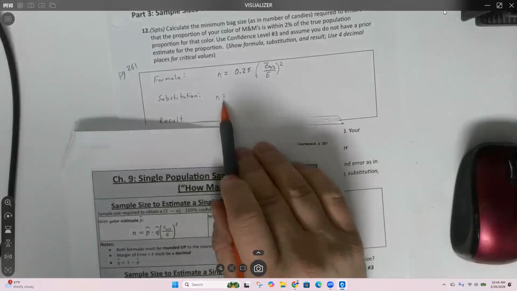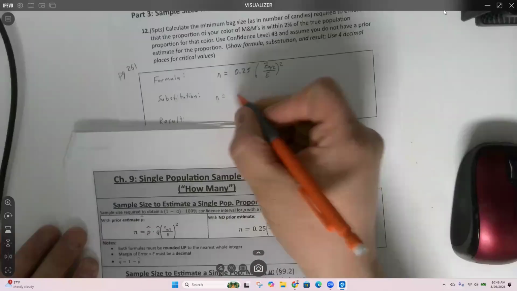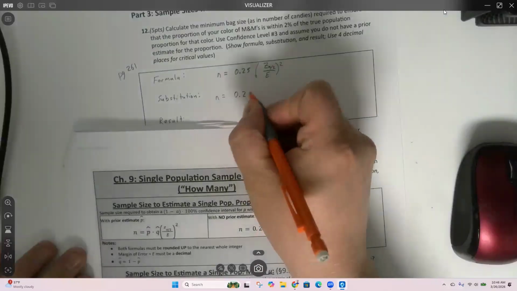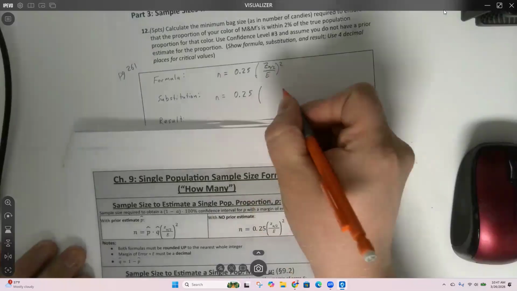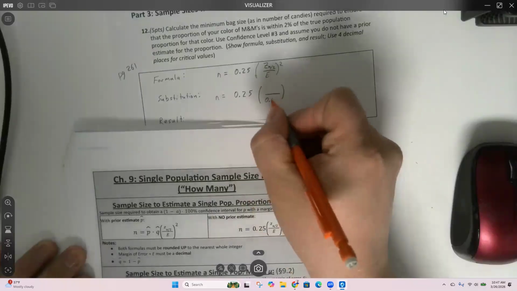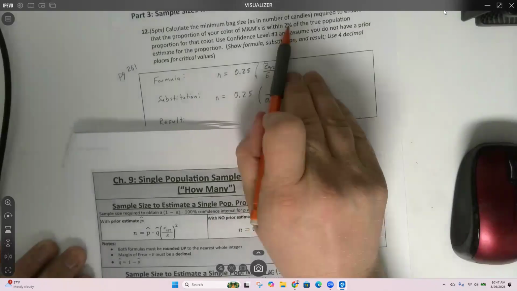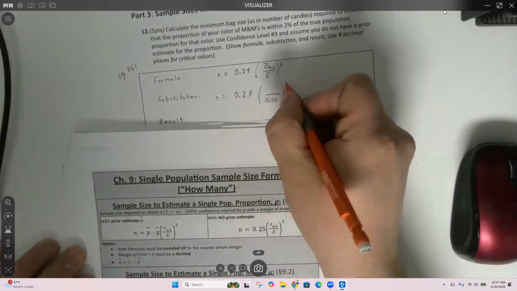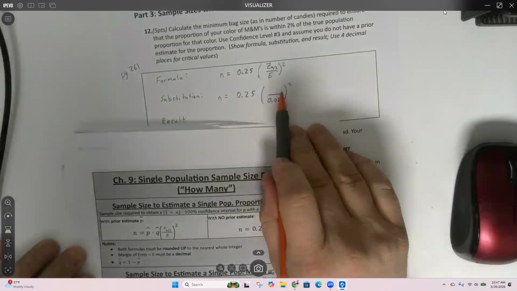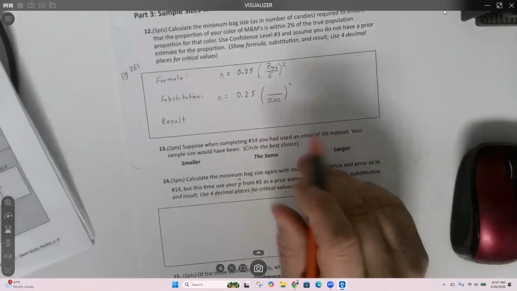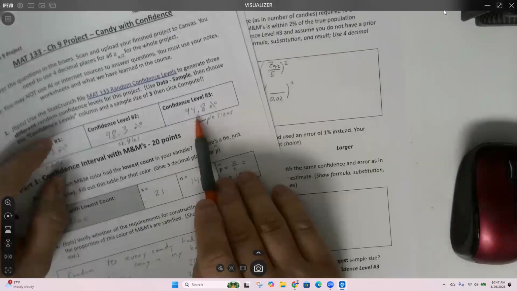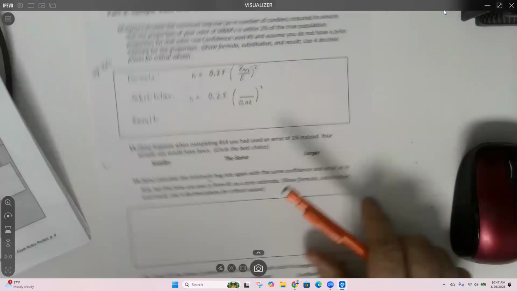And let's say we decide that's too small, I need a bigger sample size. How big? Let's figure it out. My error is 0.02. I want to be within 2% of the true population. Write that as a decimal. Z alpha over 2 is going to be different for everybody depending on what level you're looking at. I'm looking at 94.8.